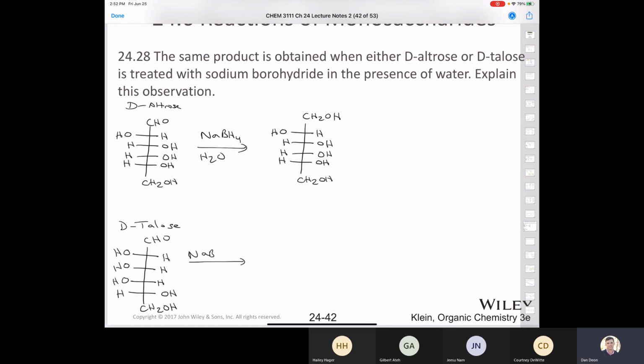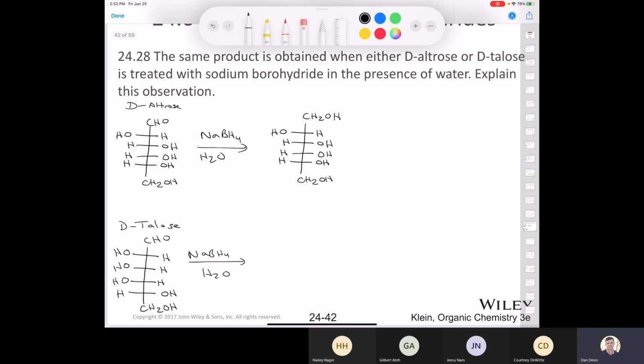We treat it with sodium borohydride in water. And what do we get? So I'll just try the copy paste trick here again. So copy this. We'll paste it over here. Come on. Here we go. And we end up with this. Okay.